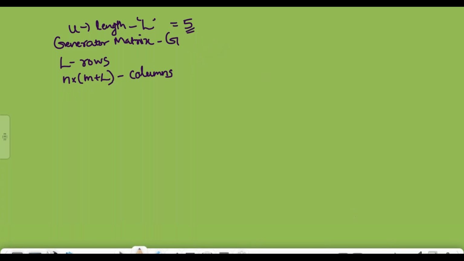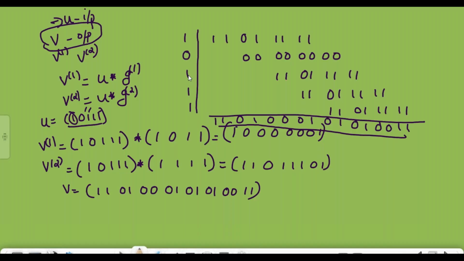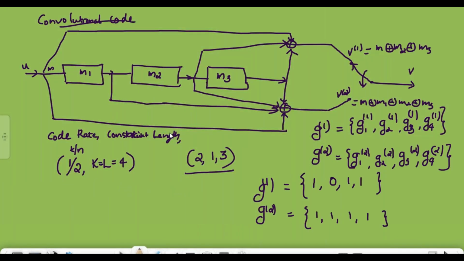That is the number of outputs corresponding to each message, that is here v1 and v2, therefore 2. That is here 2 1 3 here.